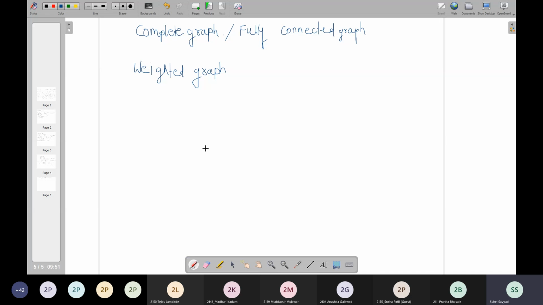So I'll give you an example. Suppose I have a graph like this, with vertices v1, v2, v3, and these are the edges associated with this graph. Suppose this is an undirected graph. I am writing some weight values: 20, 24, and 30. So these are some numeric metrics on the connections between these vertices.